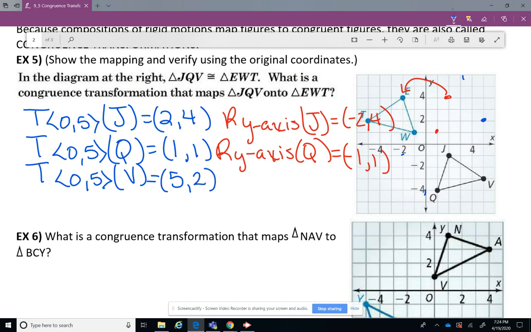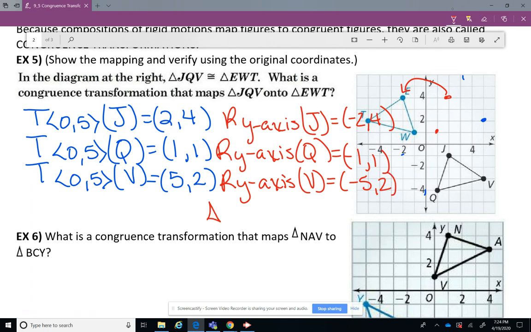And we reflect it, it's going to end up being -5, 2. So we're going to reflect over the y-axis, point V, and it's going to be -5, 2. All right, so what did we do?